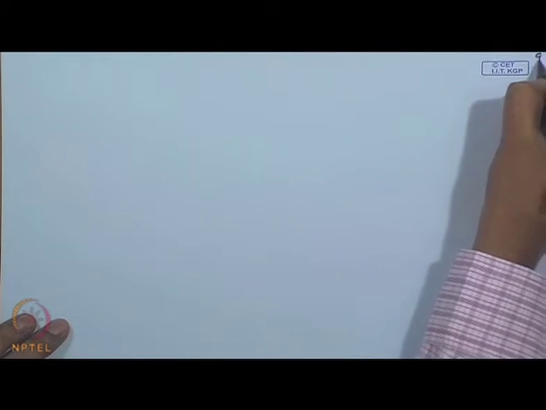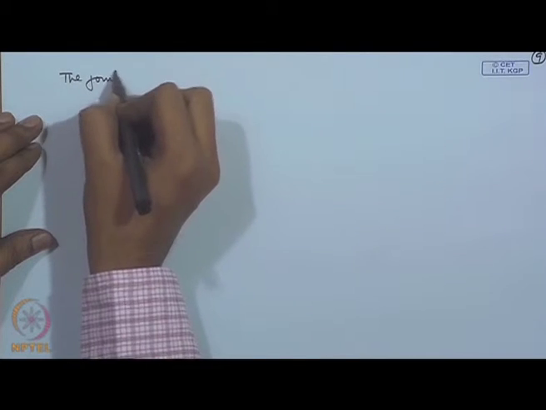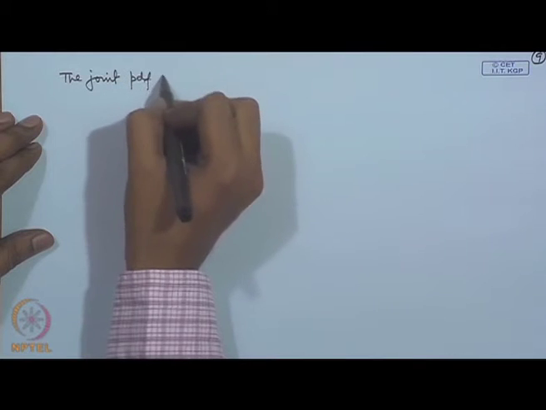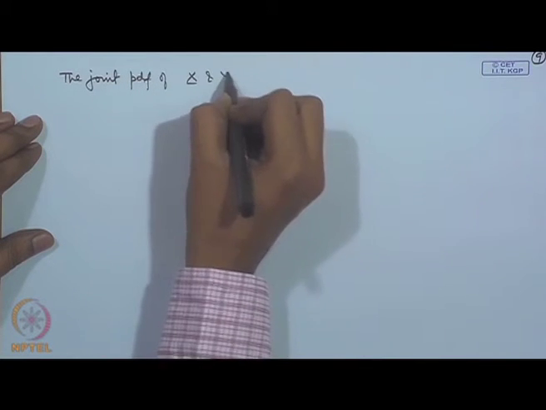So, in order to write it in the desired form of a multi-parameter exponential family, let us write down the joint PDF of x and y.